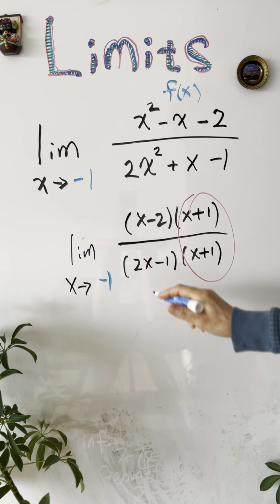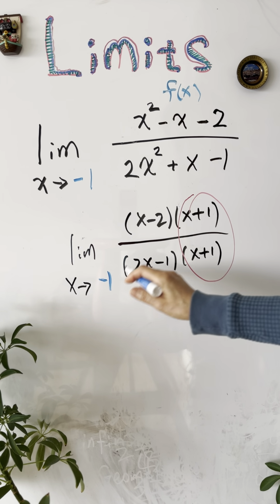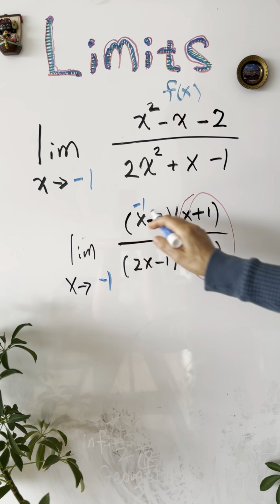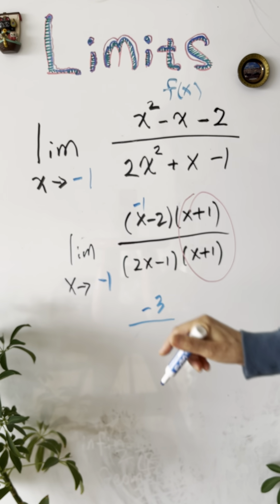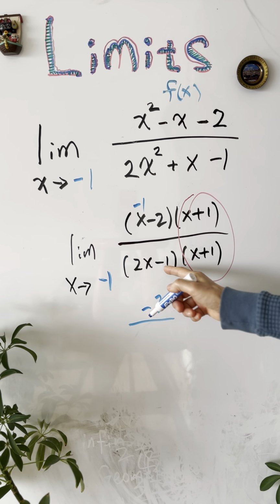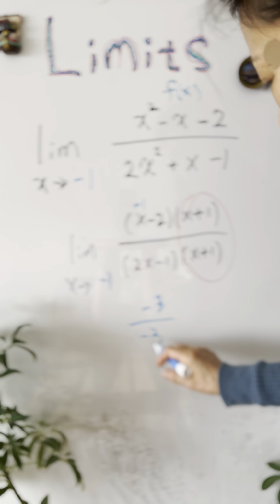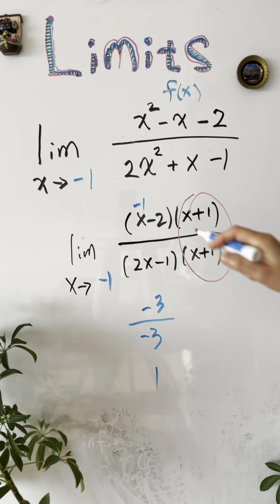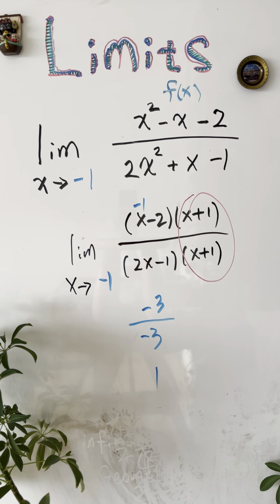So we just plug in, and that equals this new function value. We have -3 in the numerator, and -1 times 2 is -2, -2 minus 1 is -3. -3 divided by itself is just 1. So the limit when x approaches -1 equals 1.